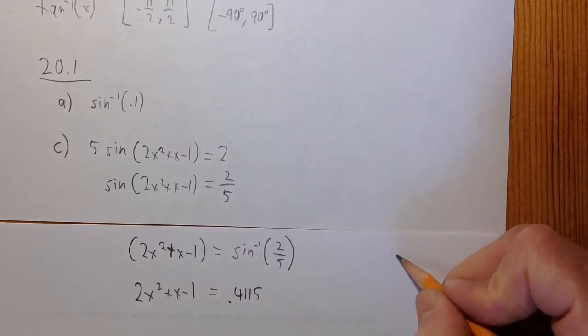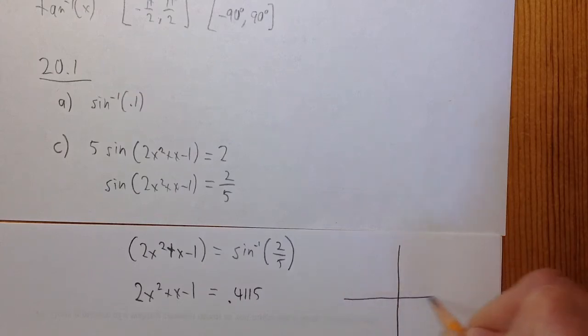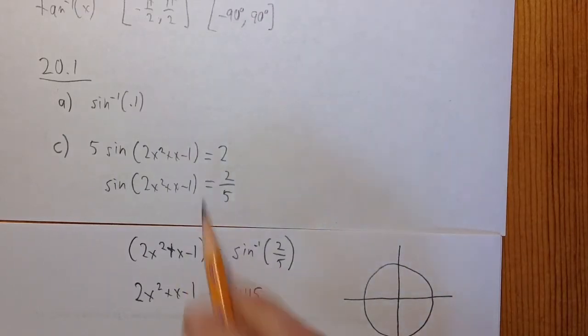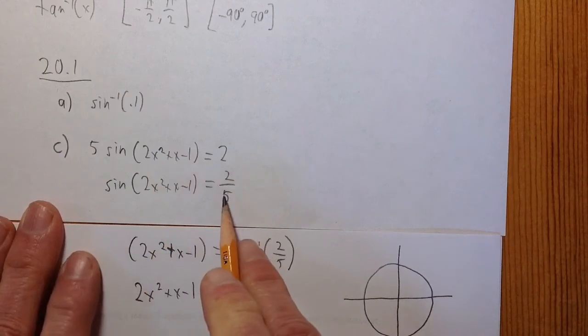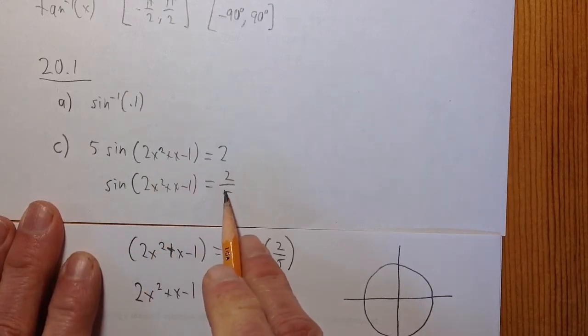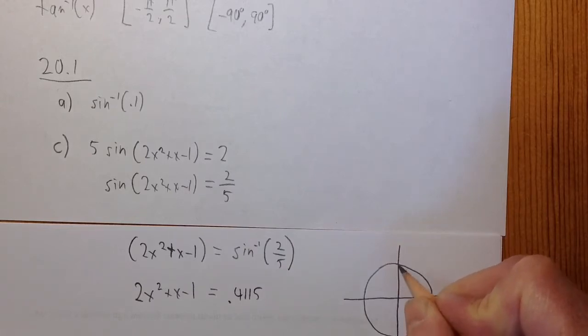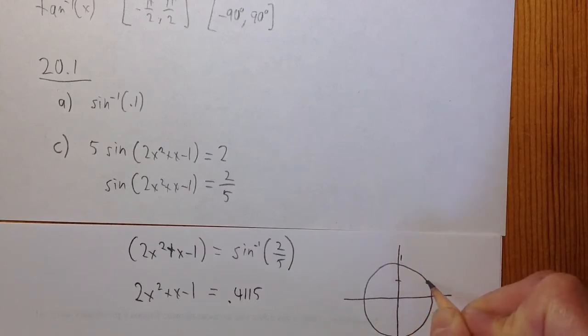So here's the idea. Again, you draw your unit circle. We want the sine to be equal to 2/5, right? That's our original equation. When is a sine equal to 2/5? Well, 2/5 is 0.4, a little less than a half. So this is a unit circle, so this is 1, here's 0.5, so 0.4 is right about there.